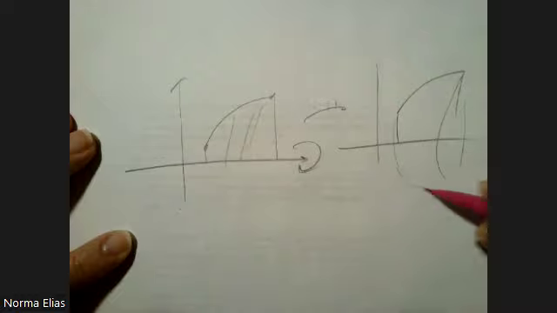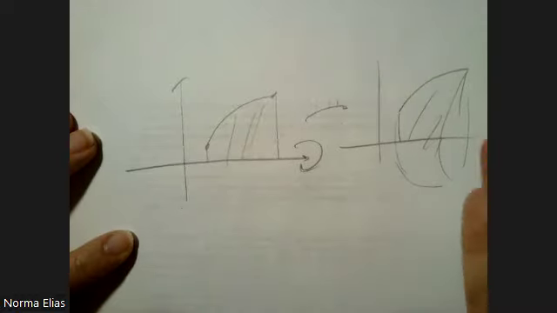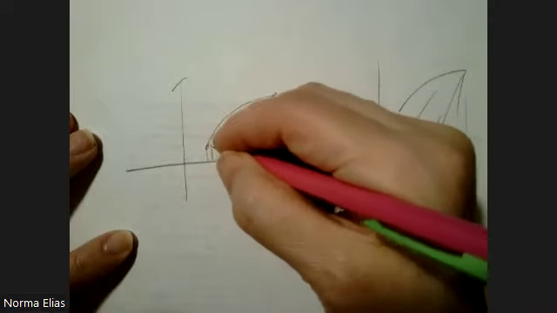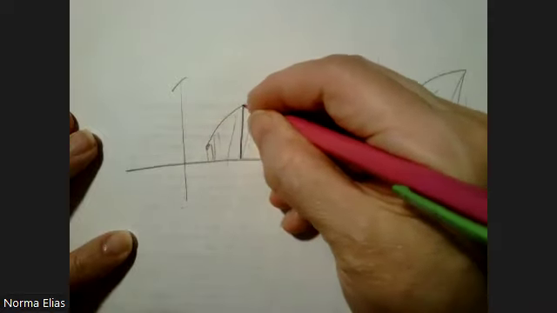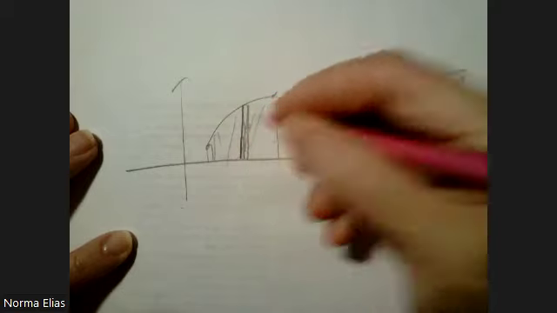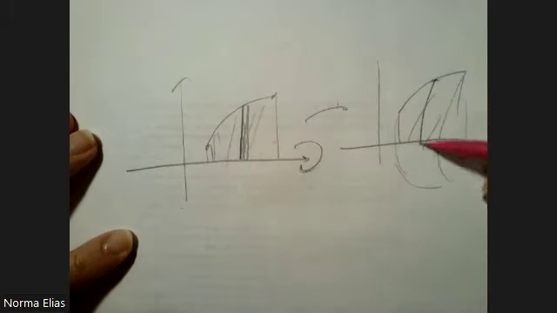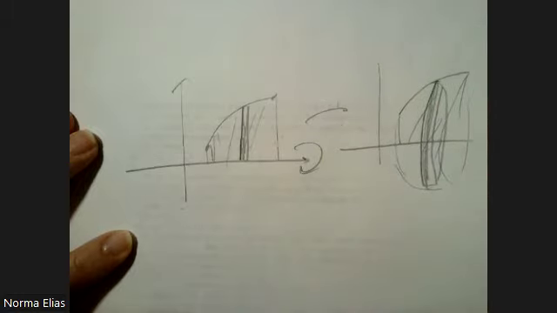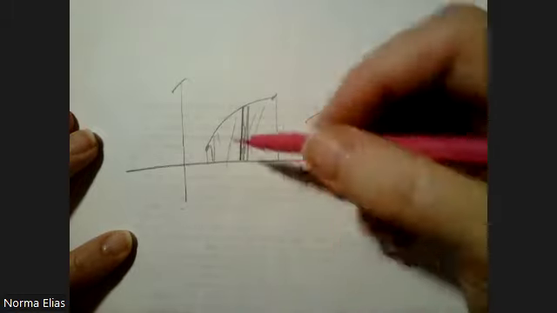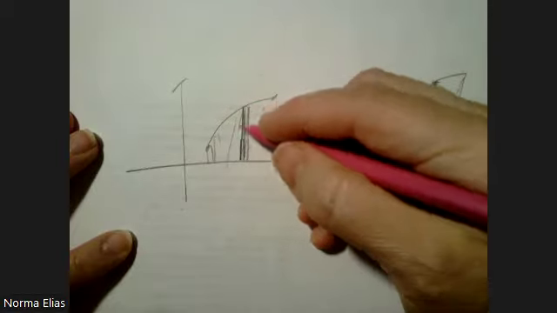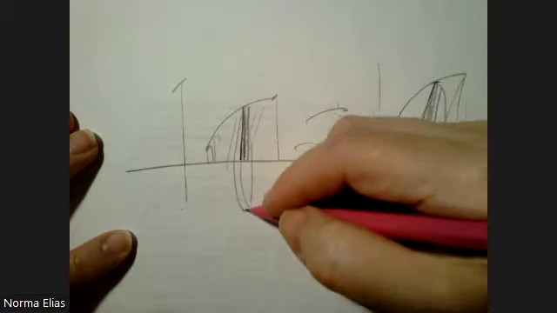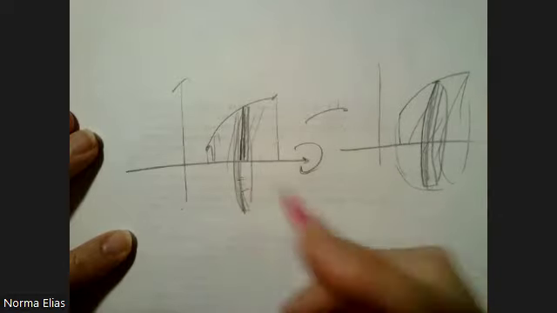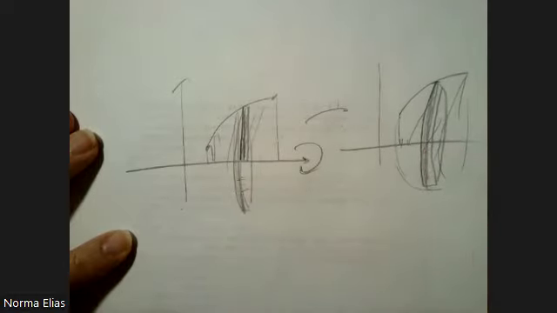And we got that. And the way we found the volume, we said, okay, we are going to cover this with thin rectangles, and we rotate each one of them. By doing this, we're covering the main region with cylinders, and we're adding the volume of the cylinders. And then the idea was that if you take this and you rotate it, basically you're getting an honest-to-goodness cylinder.